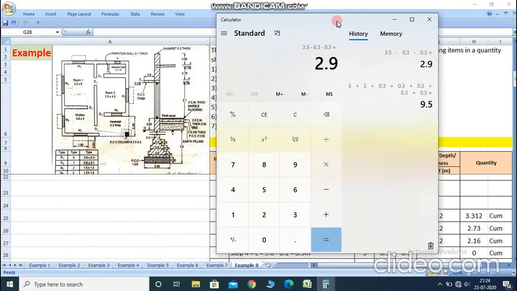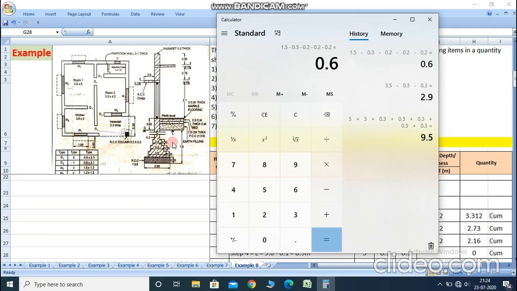So by using the calculator, 1.5 minus 0.3 for the PCC work, 0.2, 0.2, 0.2 for step 1, 2, 3. So minus 0.3 minus 0.2 minus 0.2 minus 0.2.